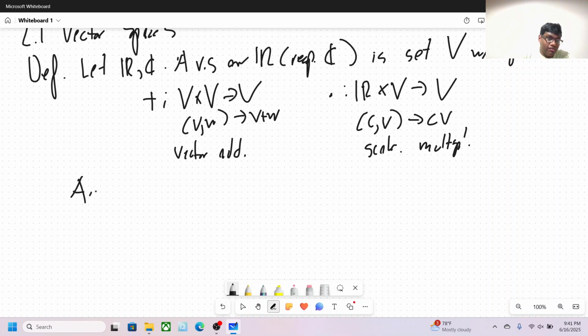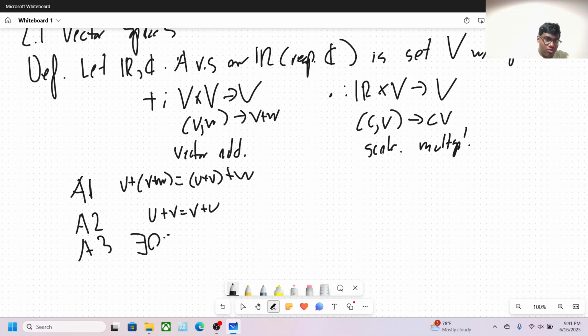For addition, we have (U plus V) plus W equals U plus (V plus W). This is going to be A1. A2, we're going to have commutativity, U plus V equals V plus U. A3, there exists 0 in V such that V plus 0 equals V equals 0 plus V for every V in V. And we're going to have A4.